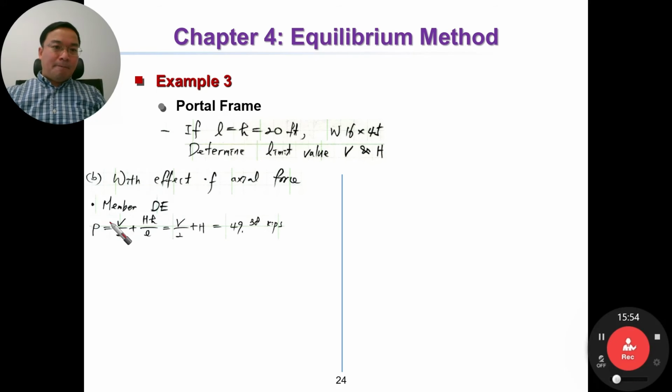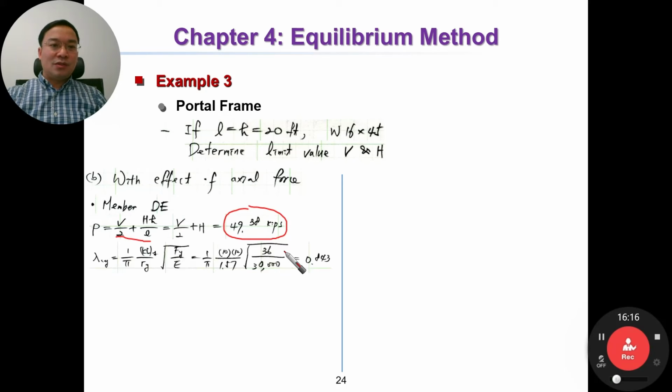P in the BD equal to V divided by 2 plus H upper, H lower divided by L. We check this equation by yourself. It's not difficult, so you can check, okay? And finally equal to this one. And now we have to calculate lambda Cy.